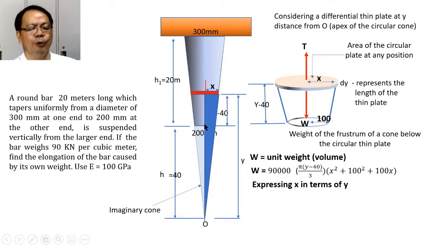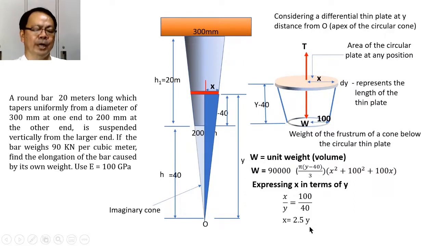And therefore, we can use the ratio and proportion that x is to y, the radius is to the total altitude of that cone, is proportional to 100 is to 40. And therefore, x will be equal to 2.5 multiplied by y.